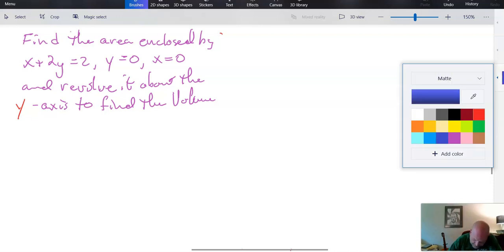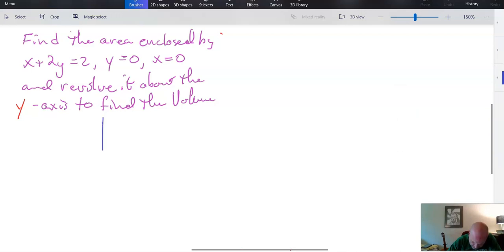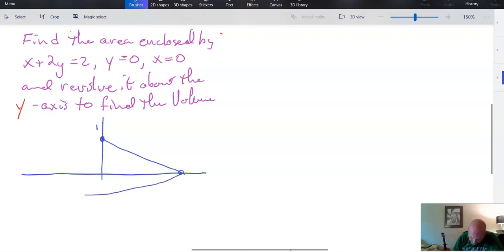So if I take a look at this, I'm actually going to need to do a little more of this this time. Remember, it crossed at 1, and then at the x-axis it crossed at 2, so we end up with this. And this time what we're doing is revolving it this way.